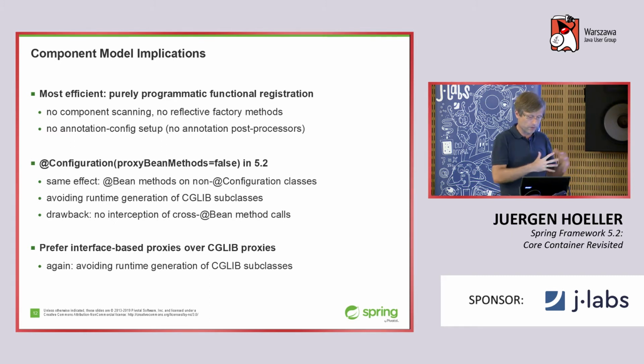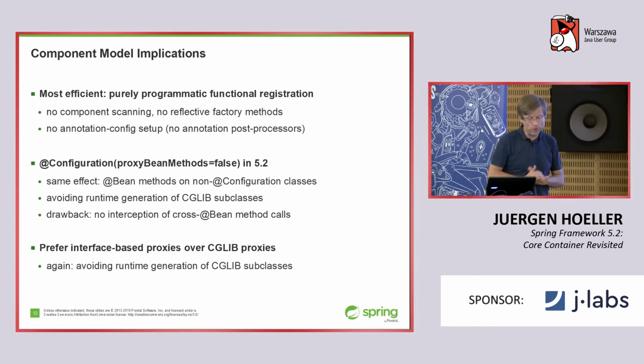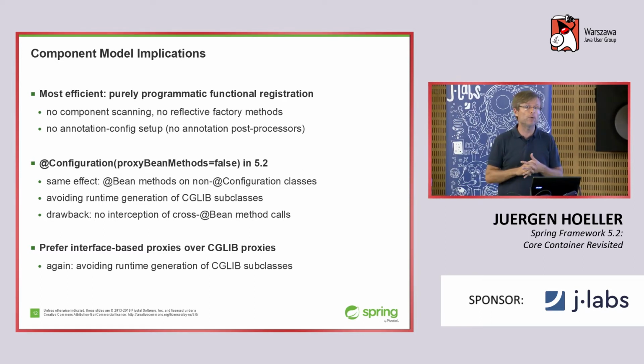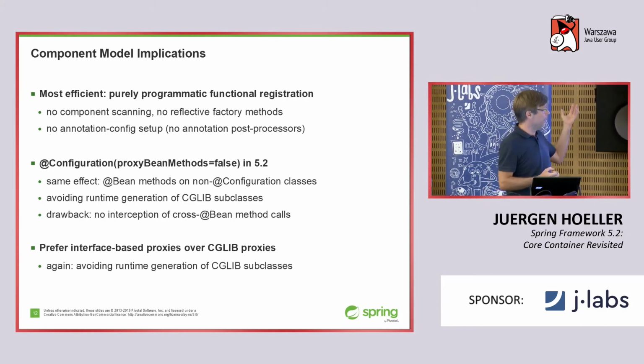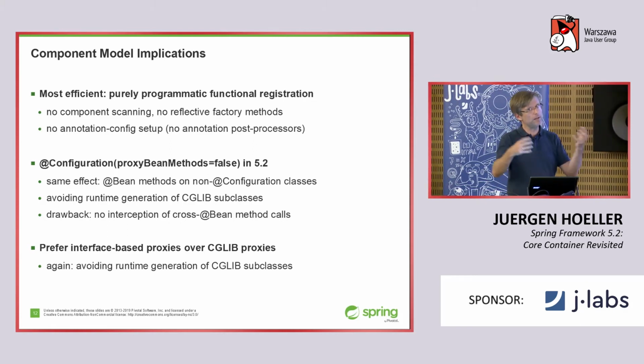So it also reduces memory by a little. And it makes it more GraalVM compatible because we can't do runtime CGLIB subclass definitions in a GraalVM-based deployment unit towards a native image. The same goes for the choice of proxying. If you're using aspect-oriented facilities in Spring, you have a choice of a dynamic proxy, an interface-based proxy, and a target class proxy.